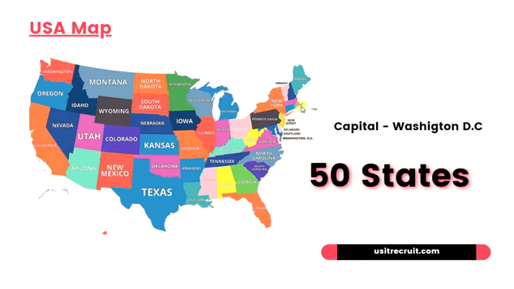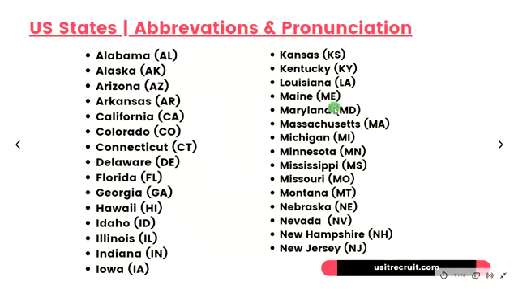So let's move forward, and these are all the states and the abbreviations and pronunciations. The alphabets in the brackets are the short forms of each state.